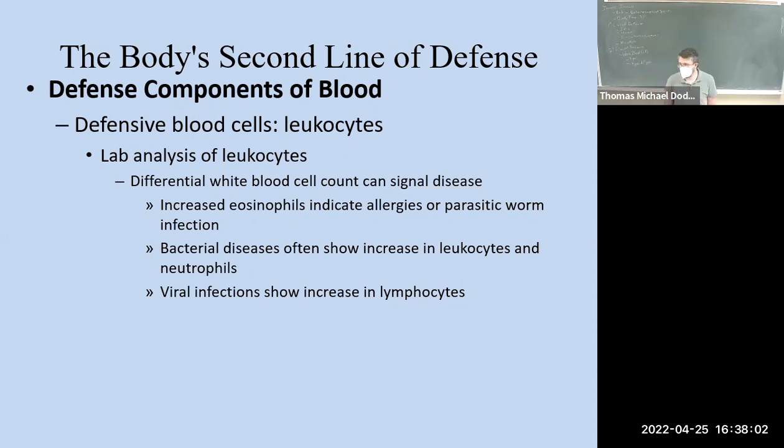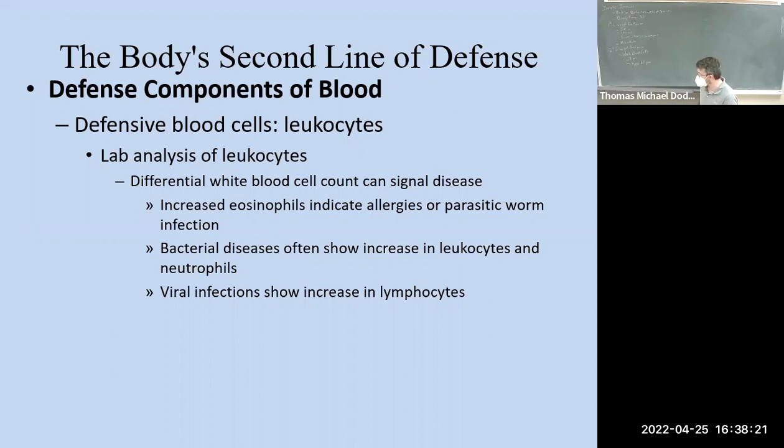What kinds of stuff can it tell you? What you are, first off, if you're infected, two, what you might be infected with. Okay. So if you have higher leukocytes and neutrophils, you're going to have bacterial diseases more than likely.